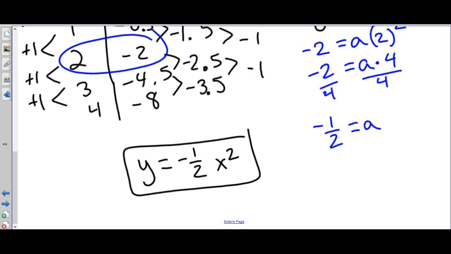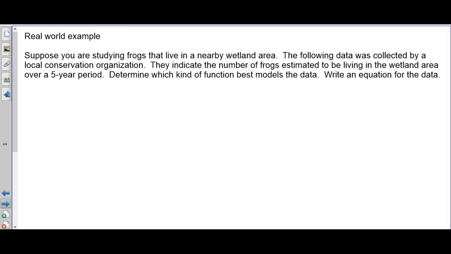So let's apply this to a real-world problem. Let's say you are studying frogs that live in a nearby wetland area. The following data was collected by a local conservation organization. They indicate the number of frogs estimated to be living in the wetland area over a 5-year period.